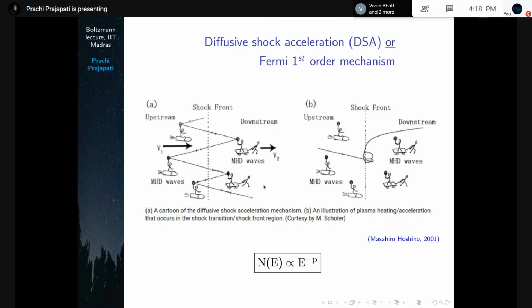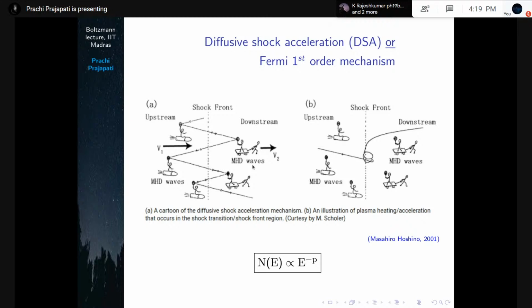So these multiple trips of a particle moving from upstream to downstream and downstream to upstream create an increase in the energy the particle initially possessed. This continues till the particle leaves this whole system, and at the end, let's say k trips have happened to and fro, the particle's energy will increase by that factor.